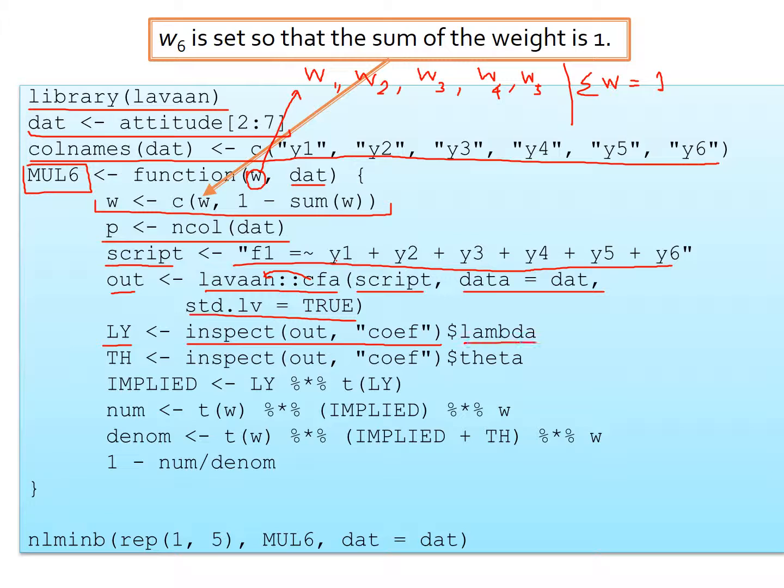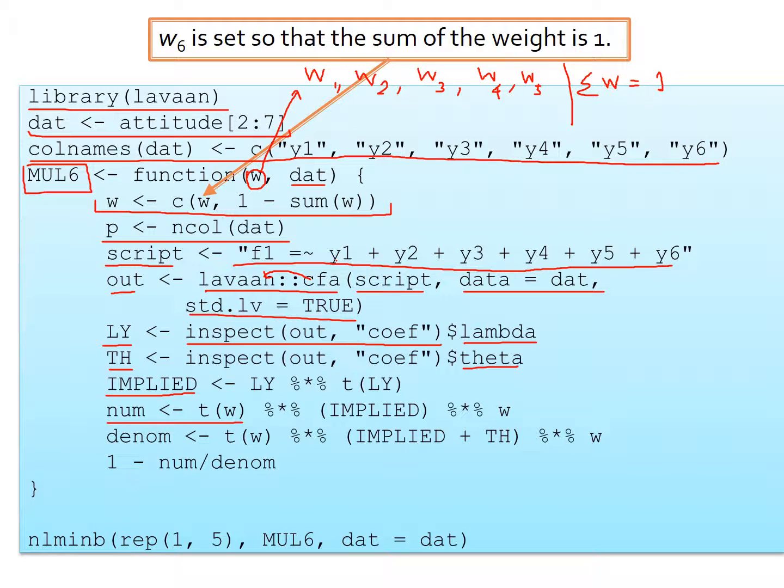Then I get lambda for the factor loading matrix, and th, that would be theta, the error covariance matrix.